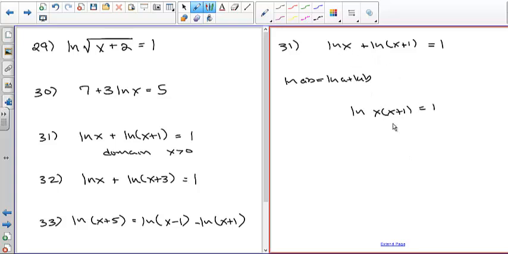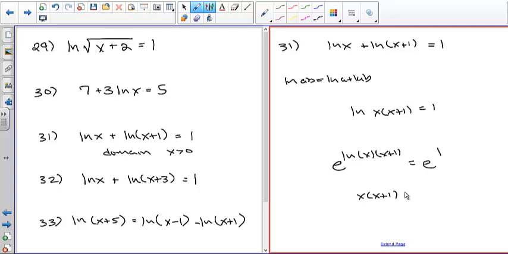So now I've got the natural log by itself. Again, the base of the exponent that I'm going to use to solve this is the same as the base of the logarithm. So when I take e to the natural log of this, I just have x times x plus 1.